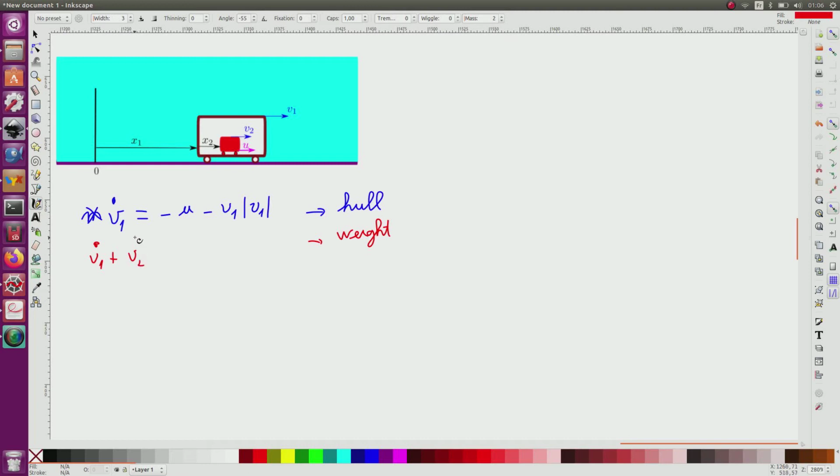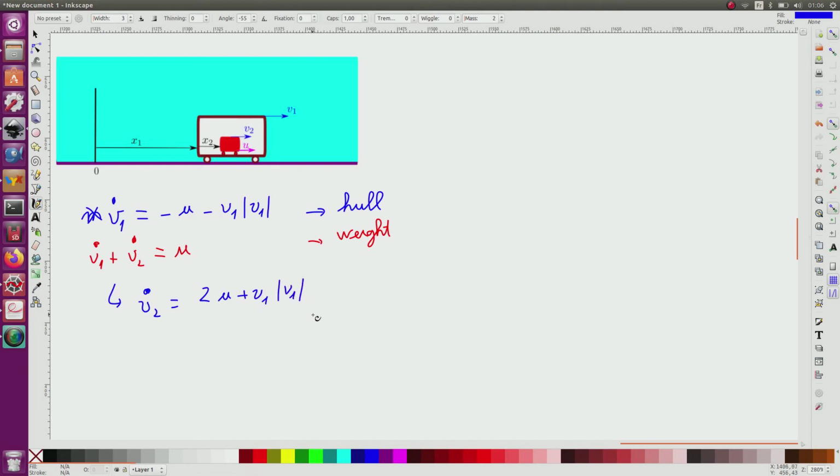This corresponds to the global acceleration. And the only force that can be applied on the weight is U. So this is why I have this. Okay. Now, if I add these two equations, from these two equations I get the derivative of V2 is equal to 2U plus V1 square.